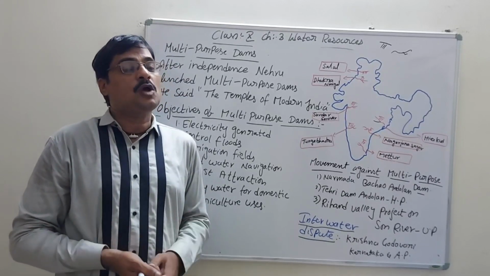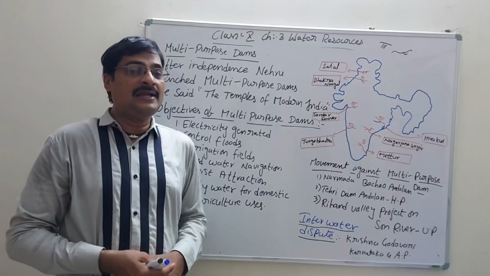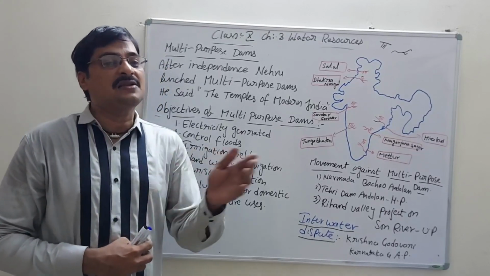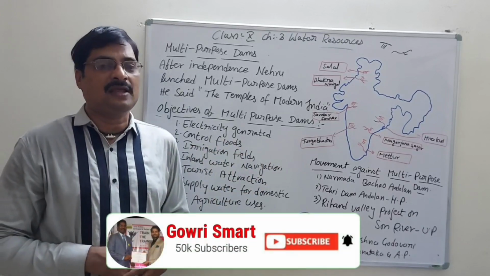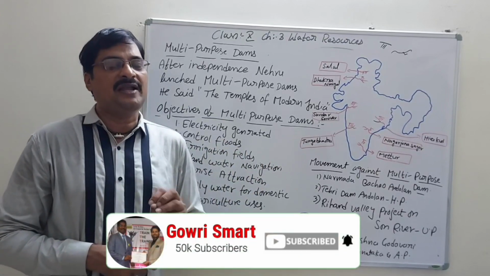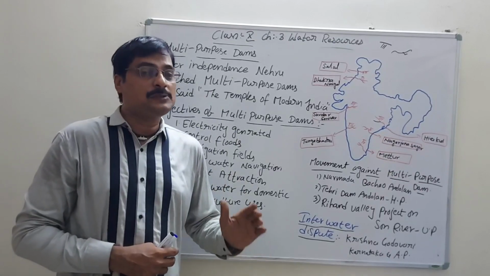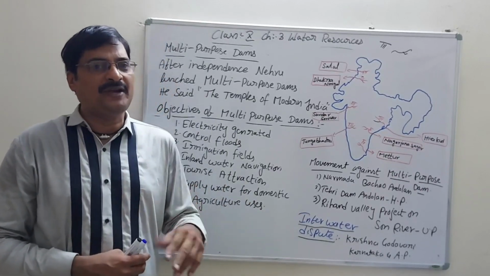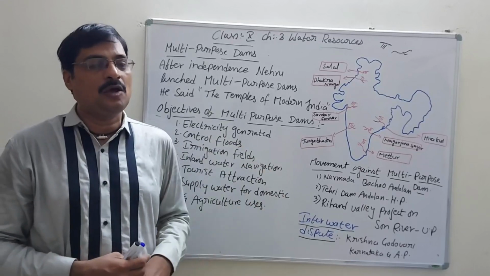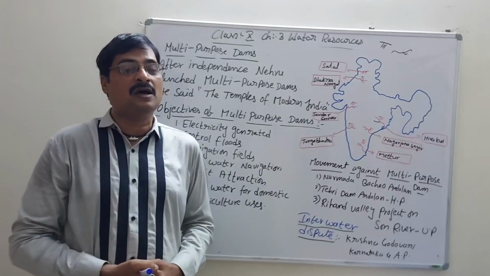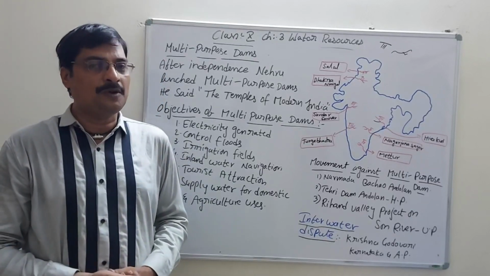When they stop the river water for so many years, whatever agricultural fields are in the surrounding area of the Narmada river are totally damaged and spoiled. There is no profit in the surrounding area of the Narmada river, many agricultural fields are damaged, no profit.